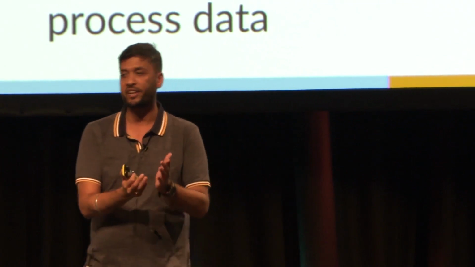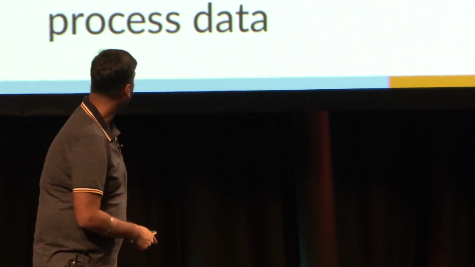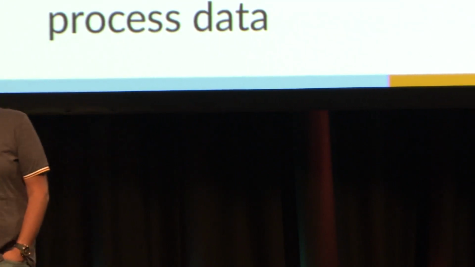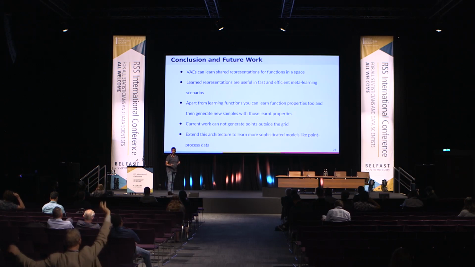We can do few-shot or meta learning, transferring our knowledge from the training sets to the test set very easily. And it's not just that we learn the functions. We can also learn different function properties in this setup, so that when we draw samples next time from our latent dimensions, we can have functions which adhere to the properties that we want.